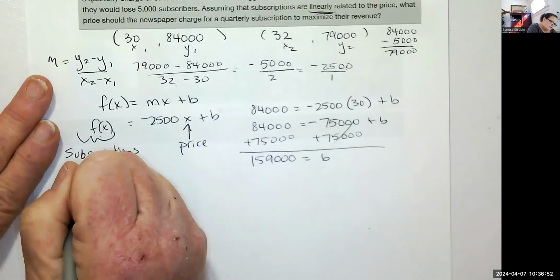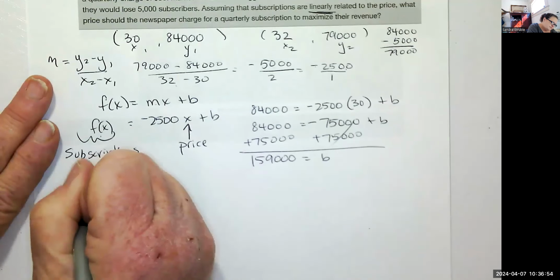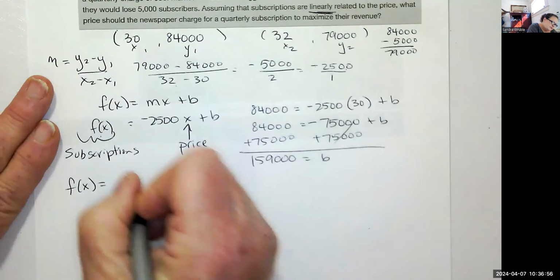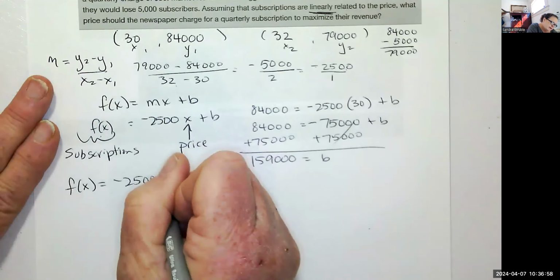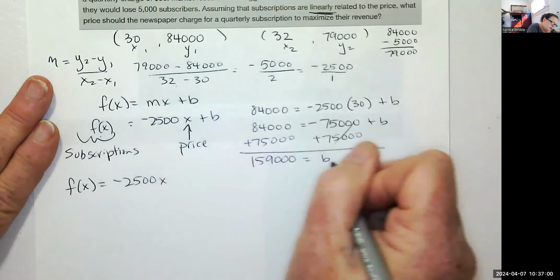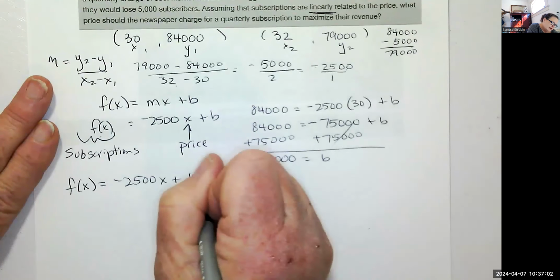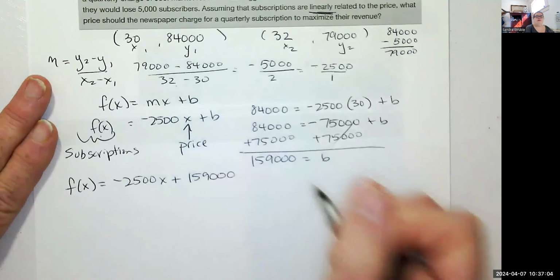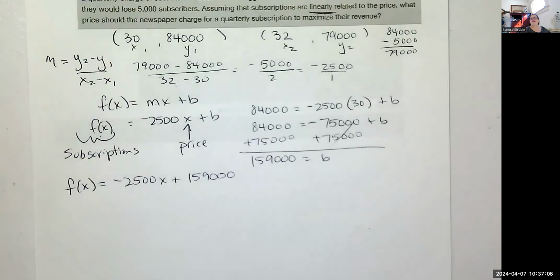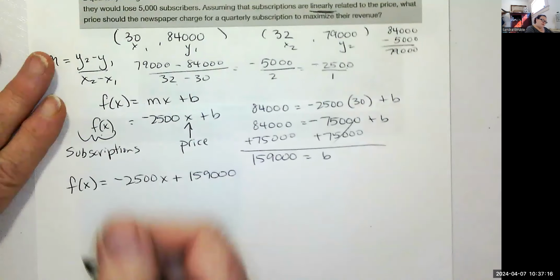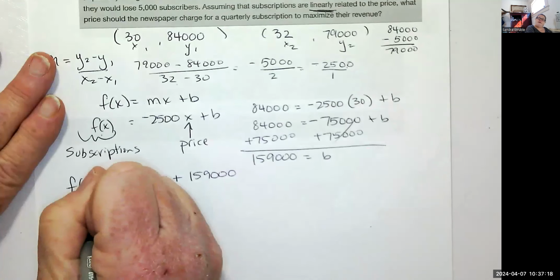So our subscriptions is equal to negative 2,500 times the price plus 159,000. That means when the price is 0, you'll have 159,000 total subscribers. To find revenue, because that's where our focus is going to be: revenue is not profit.